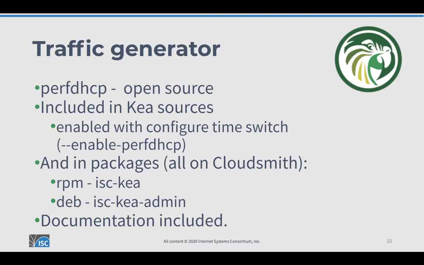In RPM, perfdhcp is in the main package, Kea, and in debs, perfdhcp is in a separate package, kea-admin, and manual documentation is included in the Kea administrator reference manual and also with the package itself.